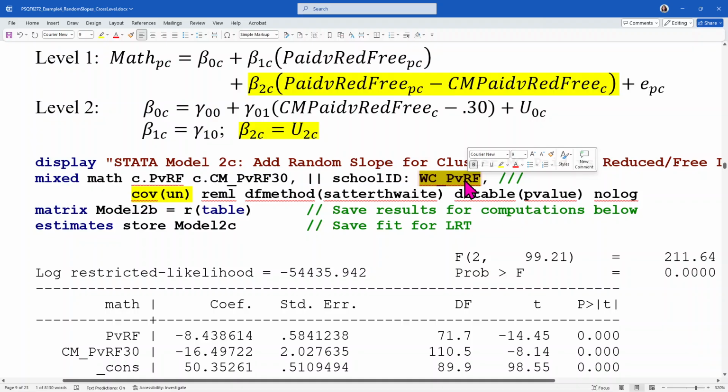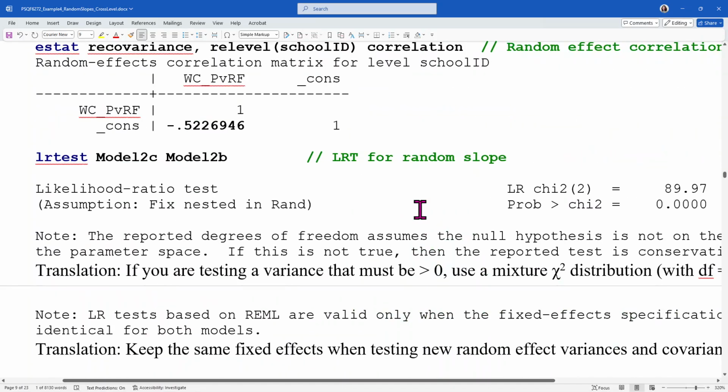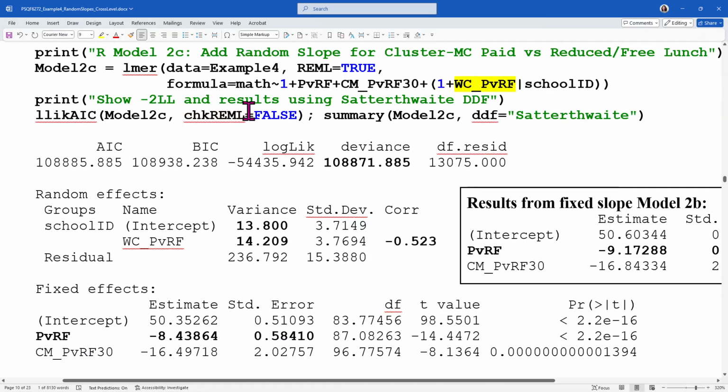So it is 2 different variables, 1 effect for each. And the same is true in R. We'll get to that down here, where we have the original one in the formula for the fixed effects and the cluster mean centered one inside the parentheses for the random effects. Normally, you would never want to estimate a random slope without the fixed slope that goes with it. This is an exception because it is already in the model, just attached to a different variable.